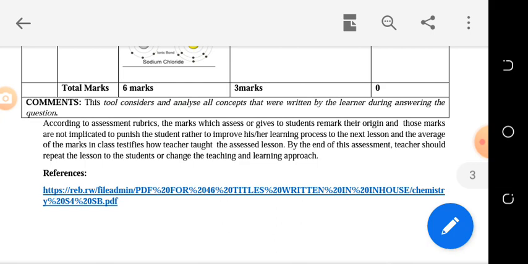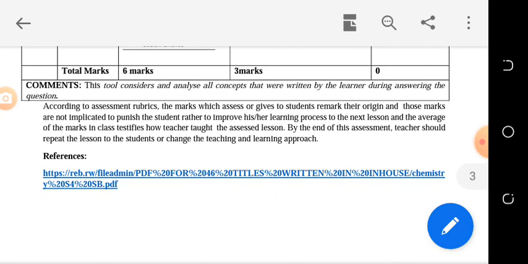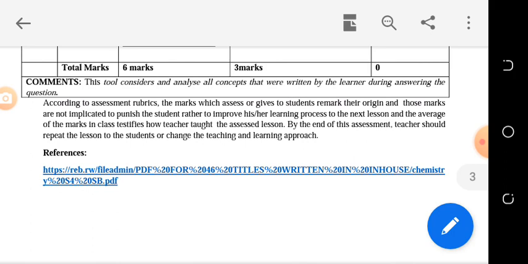This tool considers and analyzes all concepts that were written by the learner while answering the question. Then, according to assessment rubrics, the marks which the teacher gives to students are not meant to punish the student but to improve his learning process for the next lesson.